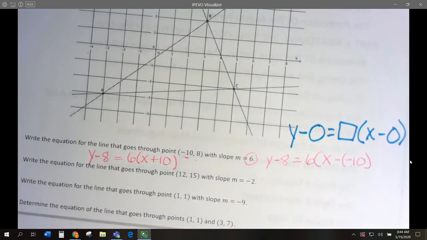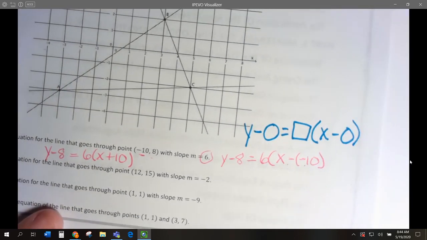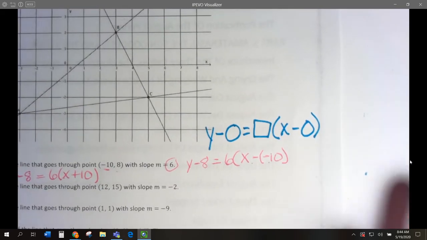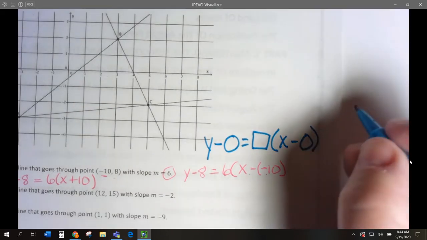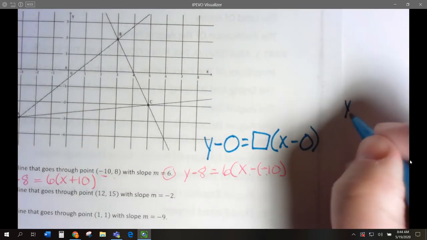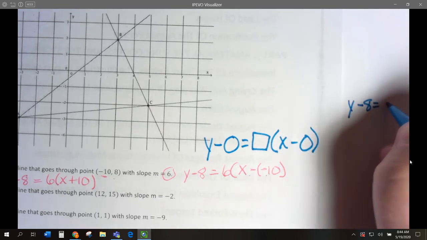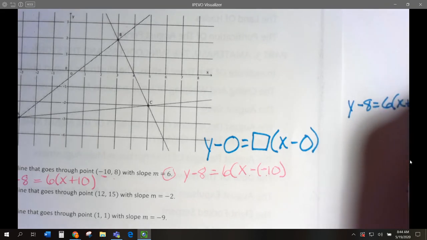Right? So I'm going to come over here on a separate piece of paper to change this to slope-intercept form. We have y minus 8 equals 6 times x plus 10.